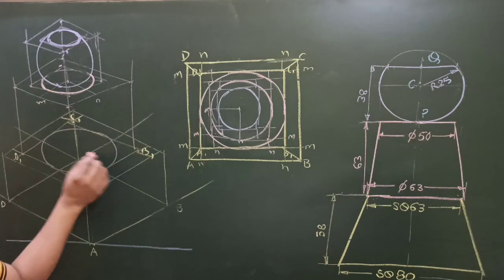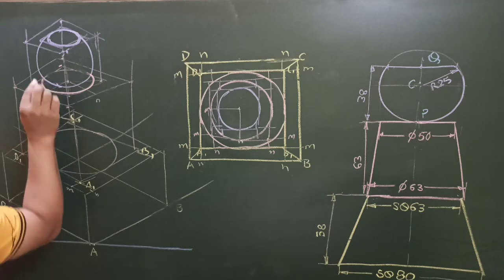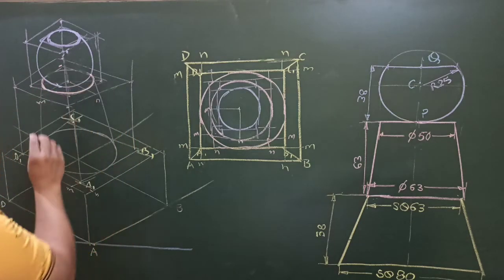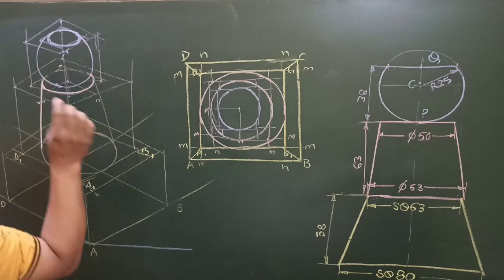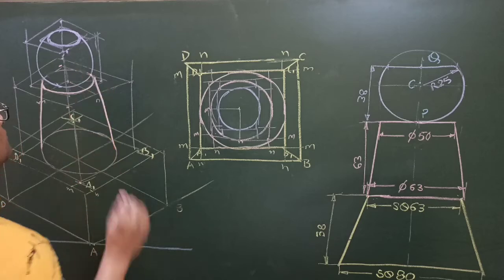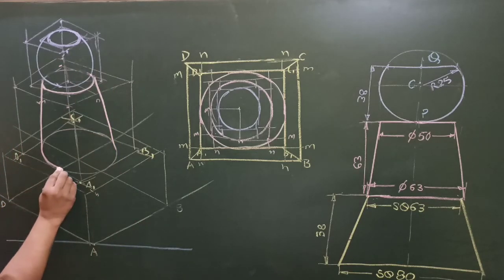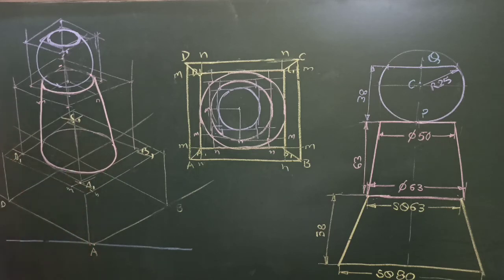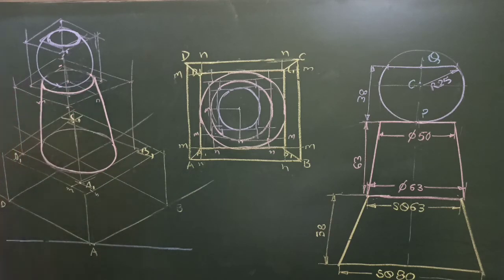You have to join these two ellipses by tangential lines, so they will be something like that, and you can darken them like this. And you have to darken this ellipse also only in the front. So this conical part is also drawn.